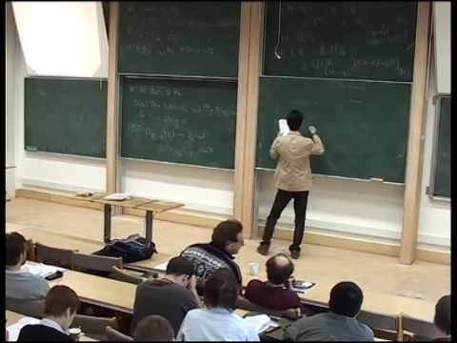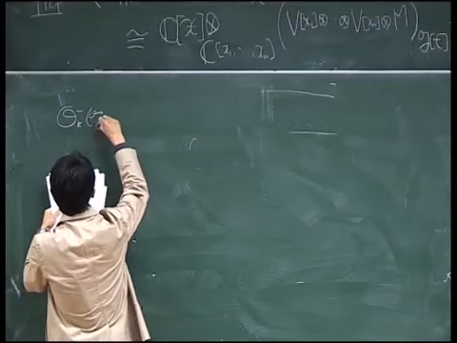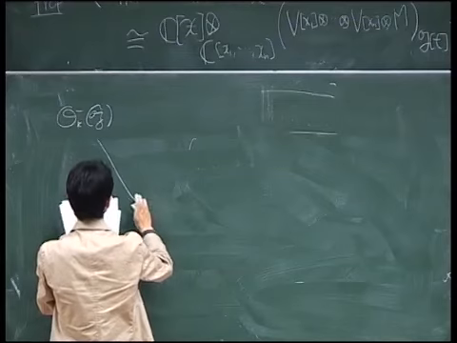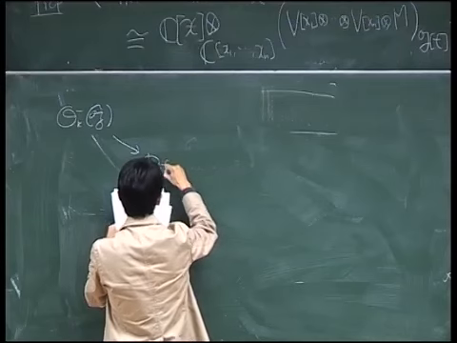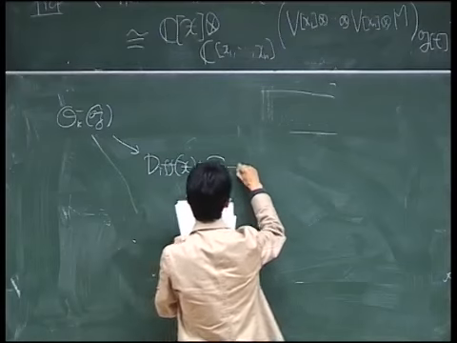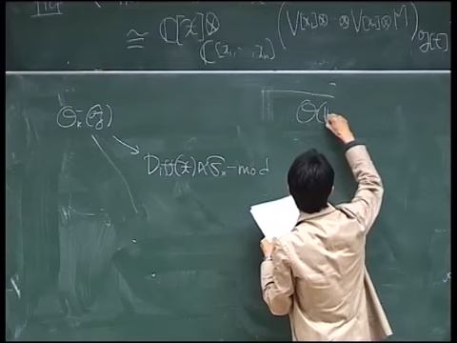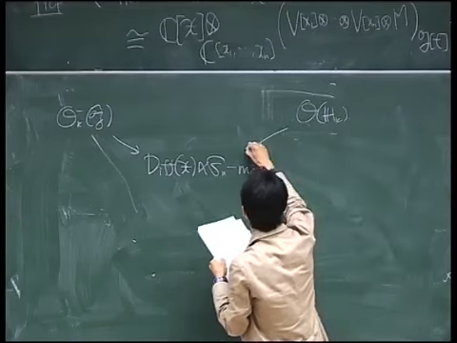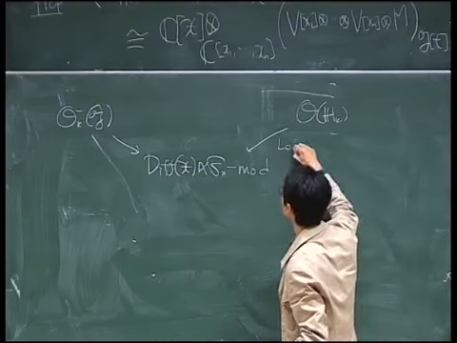So we have two KZs. This one is from conformal field theory, conformal coinvariant construction, and then take monodromy. The other is from Cherednik algebra. This is localization.